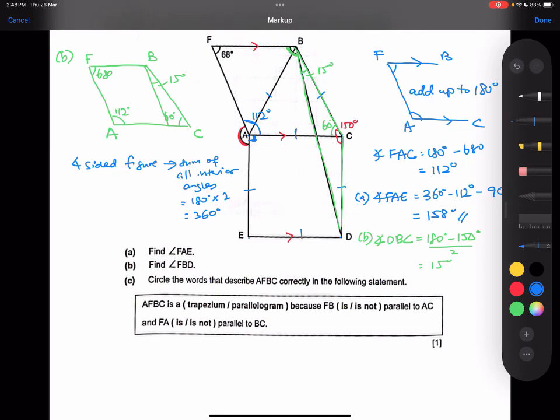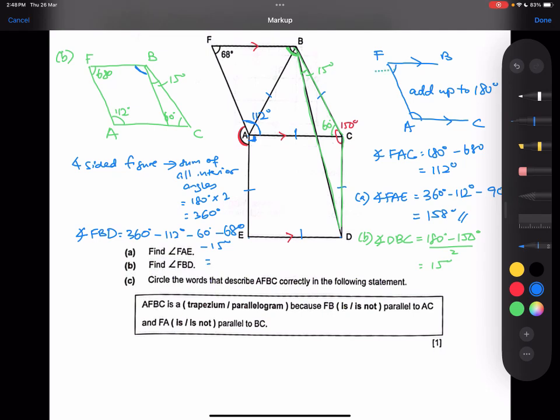Now we know that the total is 360. In order to find angle FBD, which is this angle, we can take 360 degrees minus 112 minus 60 minus 68 and minus 15.